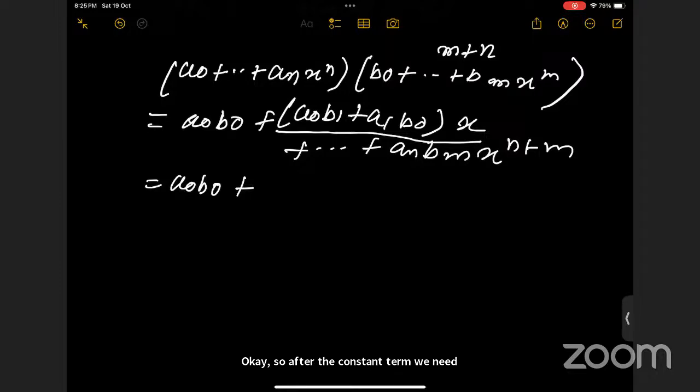When we multiply a_0 with b_1, we get an x term. Also, if we multiply b_0 with a_1, we again get an x term, right? If we take x as common, we get this as the coefficient of x. So how can we express it in a short form?